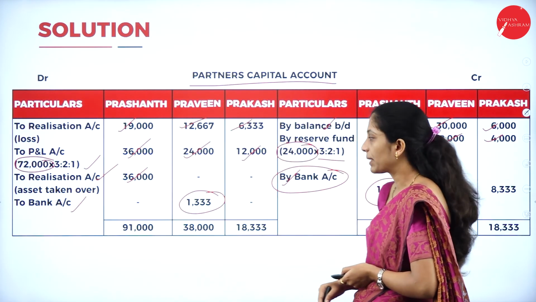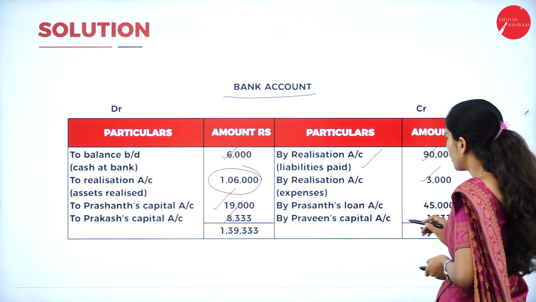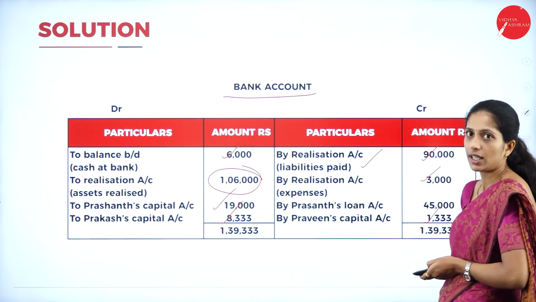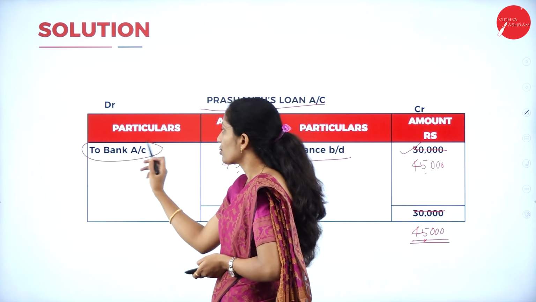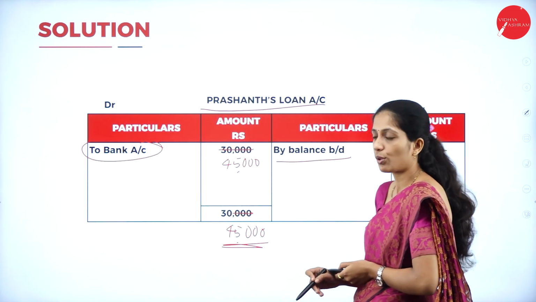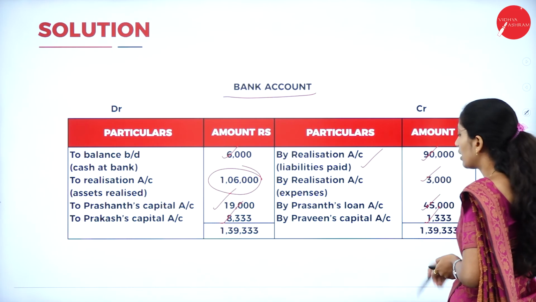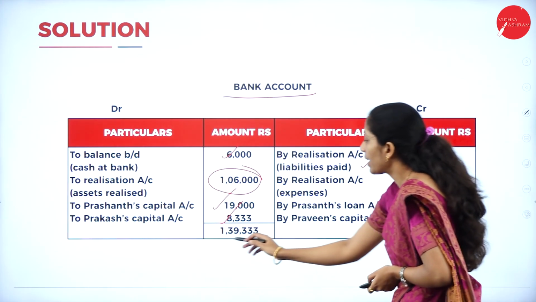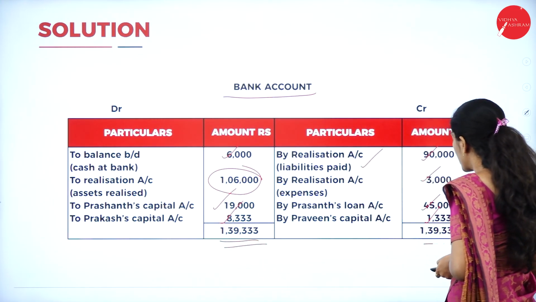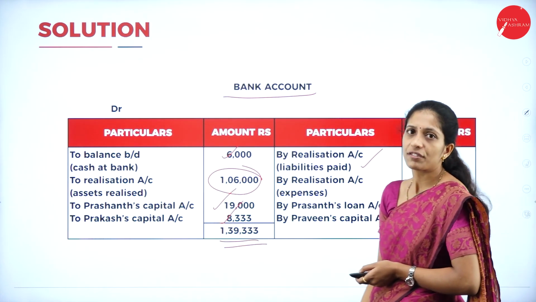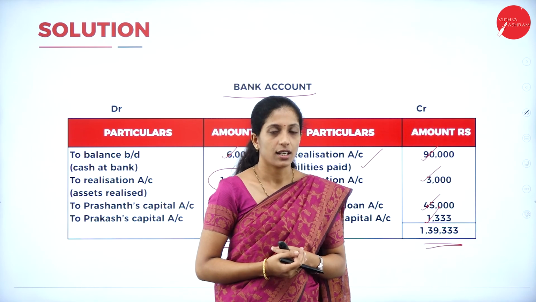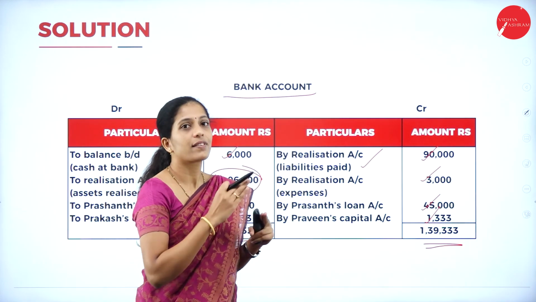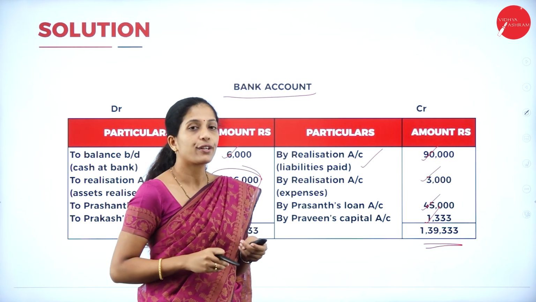By Praveen's capital account, 1,333. Next we have the loan also. So coming to loan account, how do we record? By Prashant's loan account, 45,000. Now balance both the sides, and the total of the debit side should be equal to the total of the credit side, that is 1,39,333. So here you just reverse the entry and record it in your bank account.